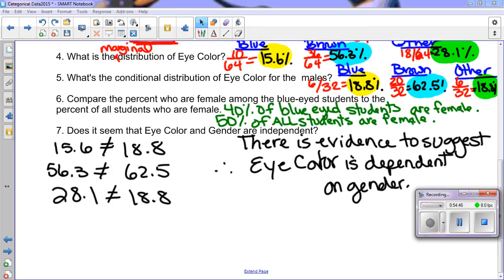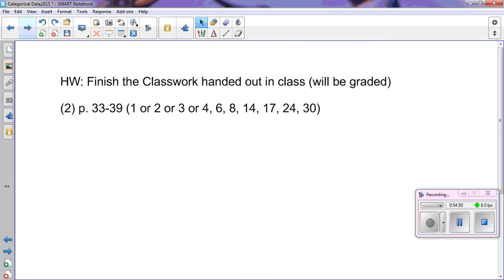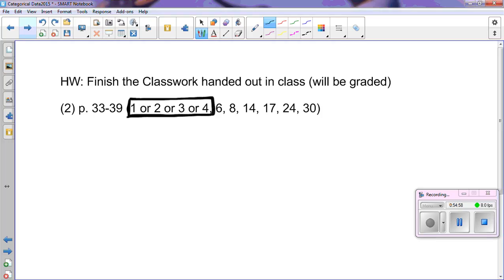Good? All right. So here's your homework. We need to talk about this first part for a minute. I'll go back to the homework from last time in a minute if you want. Notice it says 1 or 2 or 3 or 4.